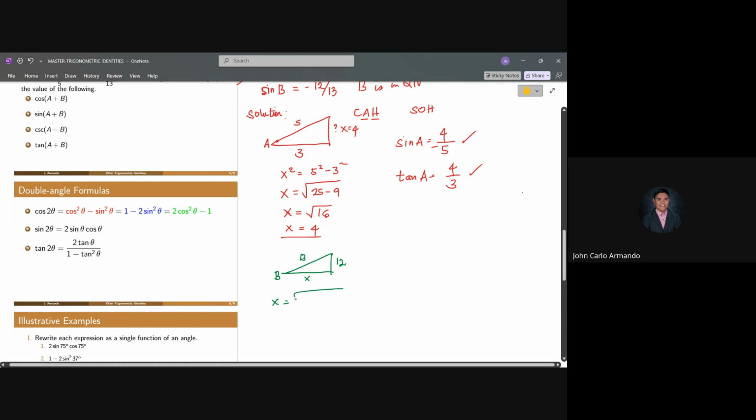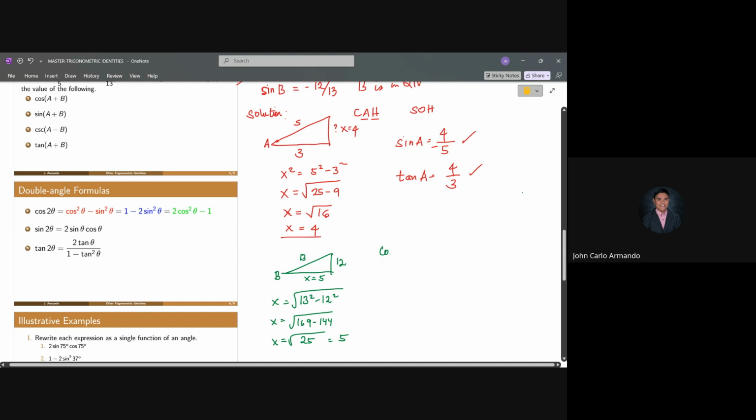That is simply 13 squared minus 12 squared by the Pythagorean theorem. 13 squared is 169, 12 squared is 144. 169 minus 144 is 25, and the square root of 25 is 5. So therefore, the value of this is 5.